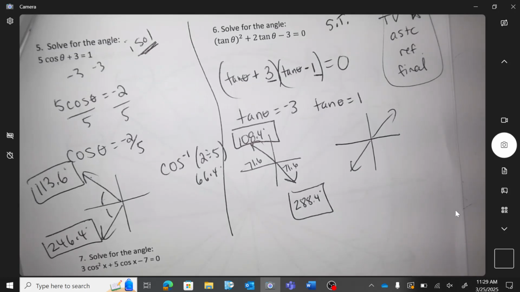Okay, 71.6 was the reference angle, but I'm going to go smaller than 180, and I'm going to do another one that's smaller than 360 then, right?